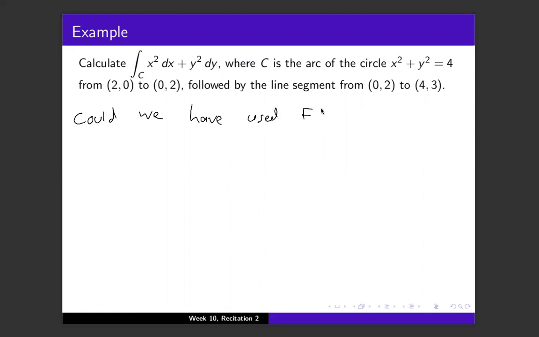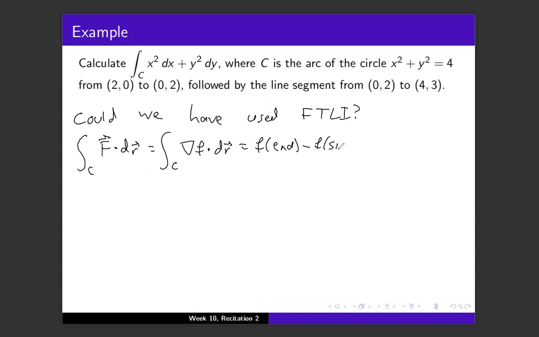Could we have used the fundamental theorem of line integrals, which was that the integral over C of the gradient of f dot dr is f at the end minus f at the beginning?